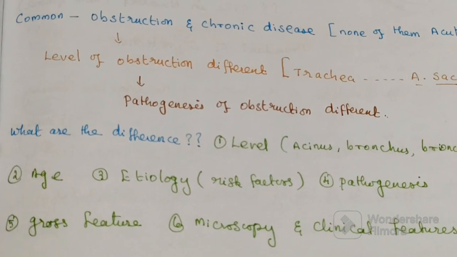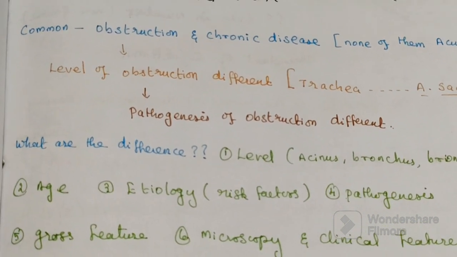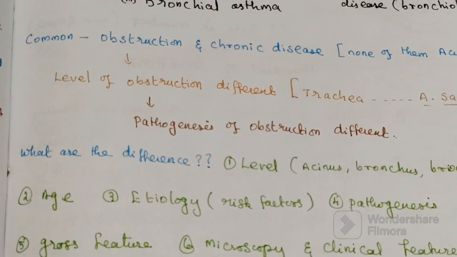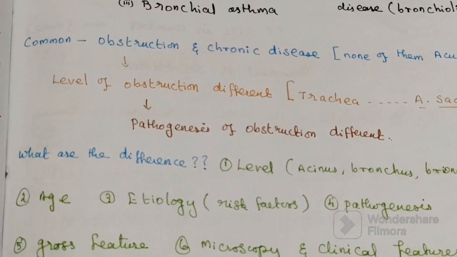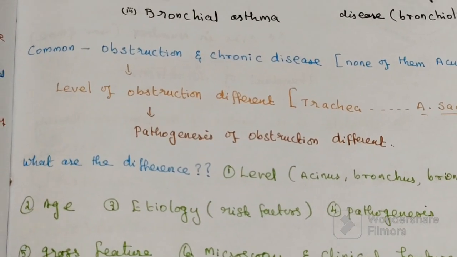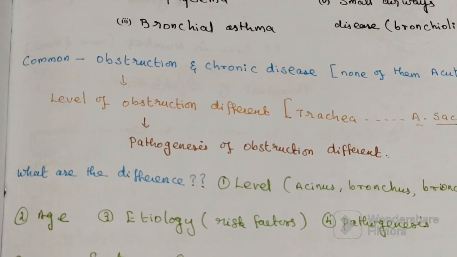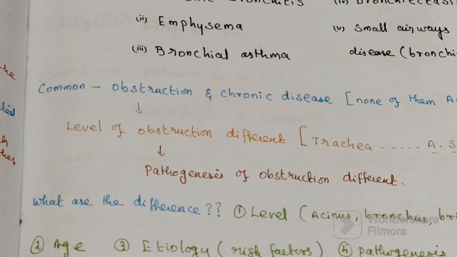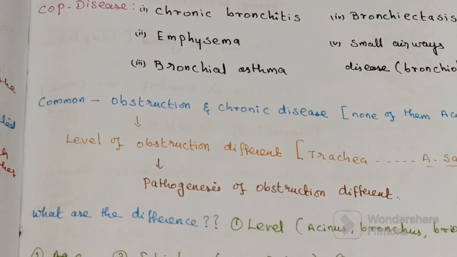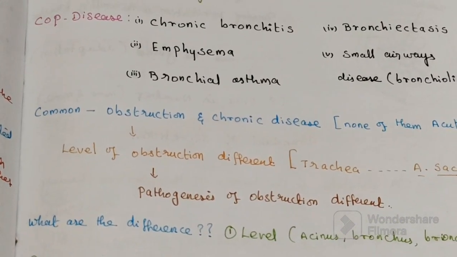Third important thing is etiology. Etiology means the risk factors. Are there any risk factors for this particular disease? And the pathogenesis is how the obstruction occurs.